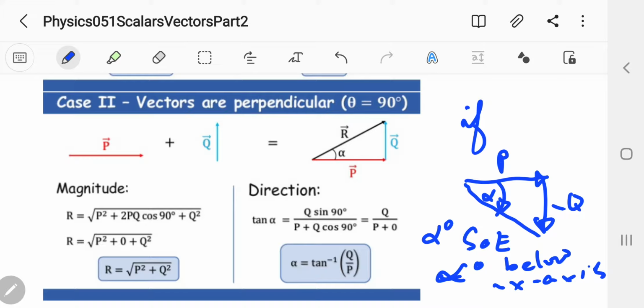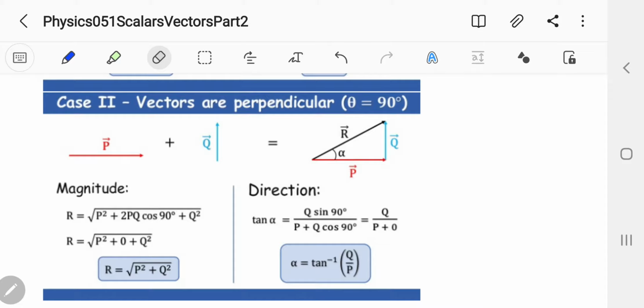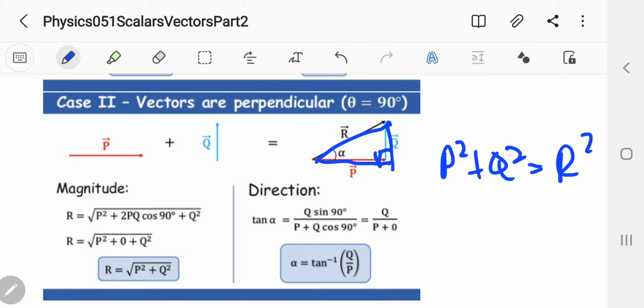If you look at this, this is a right triangle. You have p here and q here, and r is here. So it's just the Pythagorean theorem: p squared plus q squared is equal to r squared.